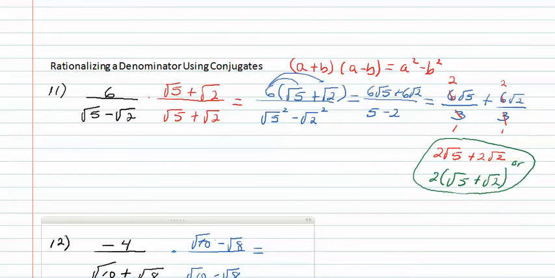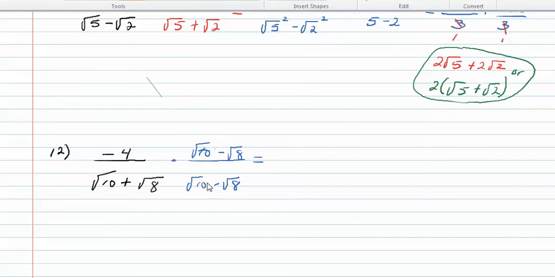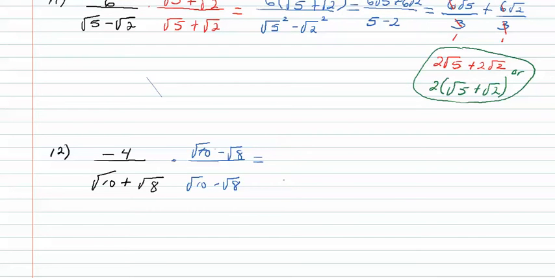If you just remember that you're going to take what's inside the square root symbol, the 10, and it's always minus 8, we'll just go ahead and skip that part. The top is going to be multiplication, so it's negative 4 times radical 10 minus radical 8. Okay, at the bottom of our fraction we have 10 minus 8 is 2.